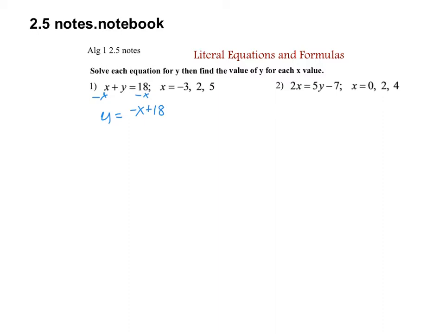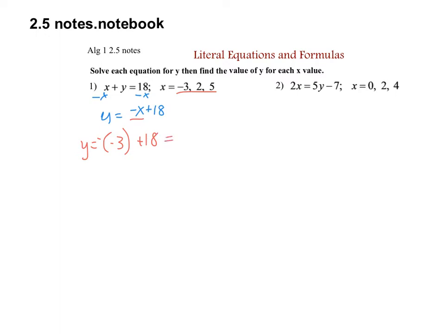But for now, let's go ahead and plug in these values right here. We're going to plug those in for our x values. So we're going to have y is equal to negative, and we've got a negative value sitting there. Negative 3 goes inside of there, plus 18.